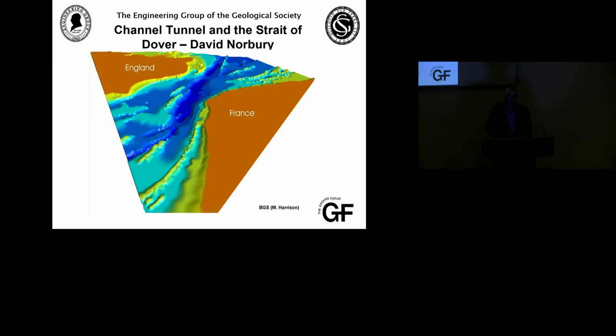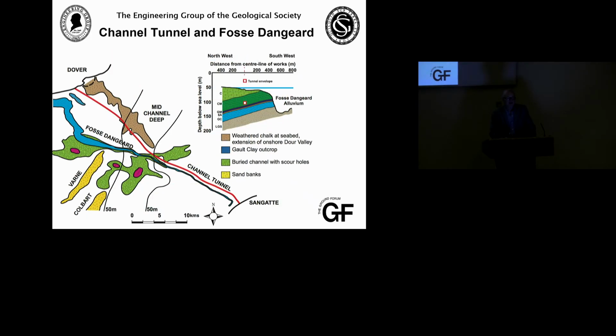And lastly, we went offshore. We started to look at the flooding of the English Channel land system as well. We had the work on the original Channel Tunnel, and we had this very complicated tunnel valley system that was actually offshore. So again, we can't go and see that. Our boreholes won't necessarily pick that up. The bathymetric surveys at the time were good resolution, but not the quality of resolution that we have today.